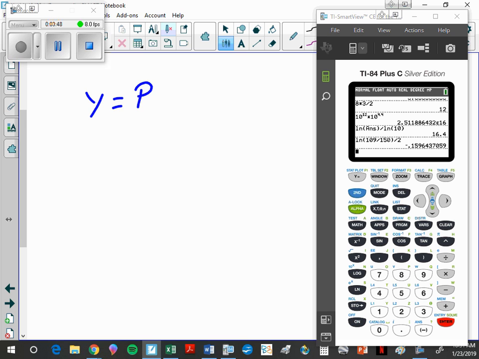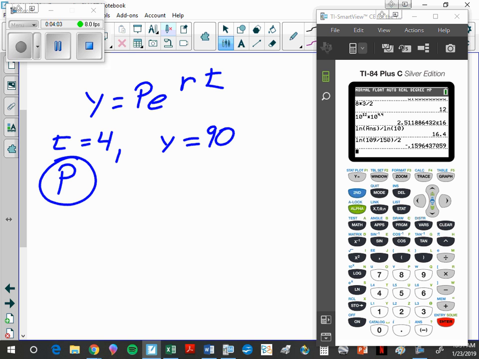So Y equals PE to the RT. So at time 4, we want Y to equal 90. So how much do I need to stick in for that to work?